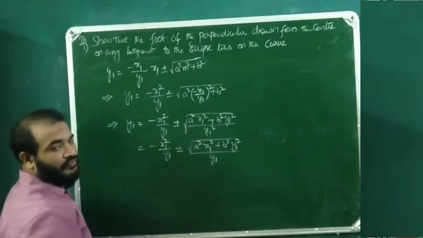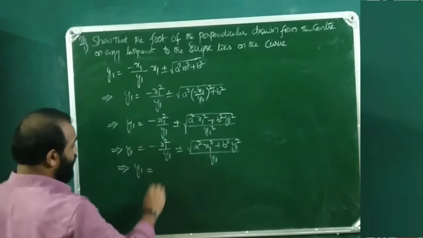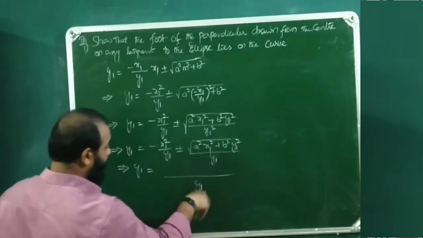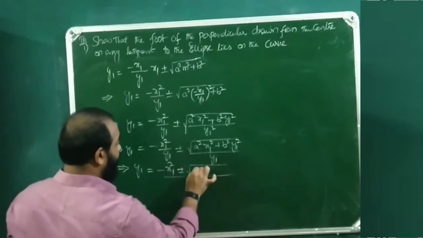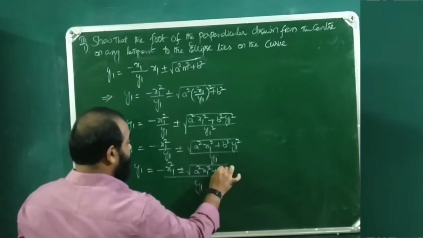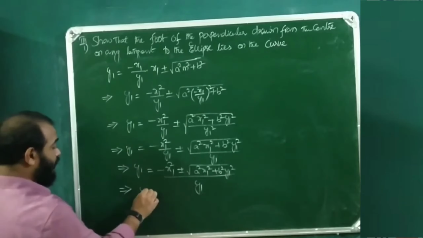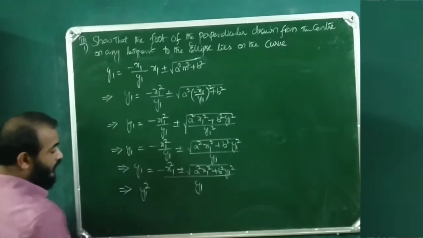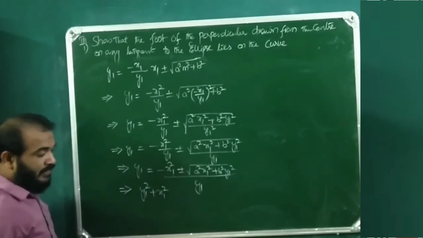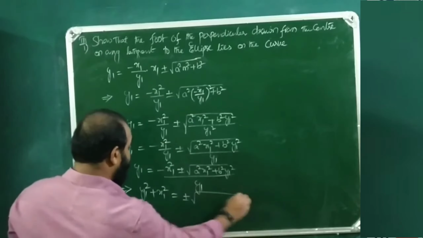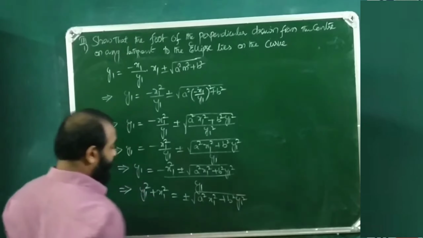Square root gets eliminated, so y1 equals, LCM here is y1, minus x1 square plus or minus square root of a square x1 square plus b square y1 square. So cross multiplication we get y1 into y1 square, this minus x1 square if you take to this side, plus x1 square equals plus or minus square root of a square x1 square plus b square y1 square.